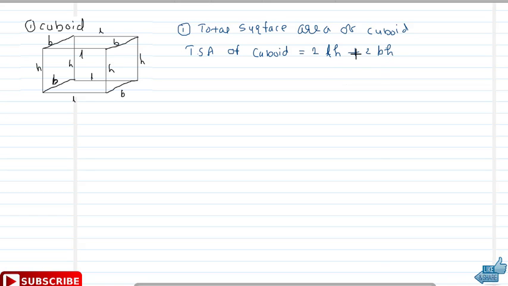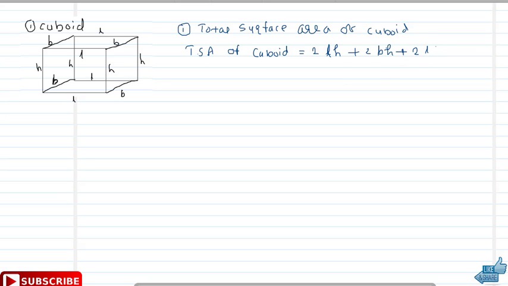Why did I add 2? Because we have to add the area. So this is my first and this is my second area, plus the third one is top, this one length into breadth, and this one bottom length into breadth. So I can write 2LB.